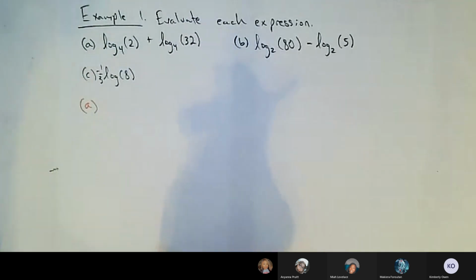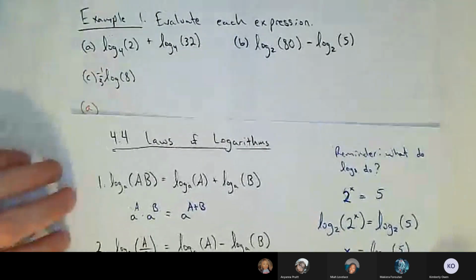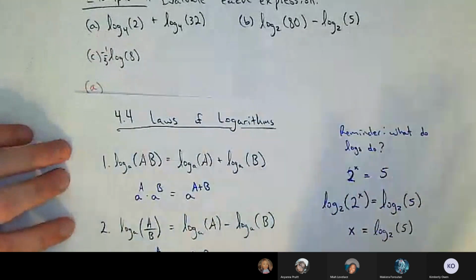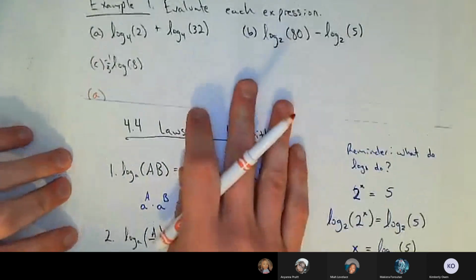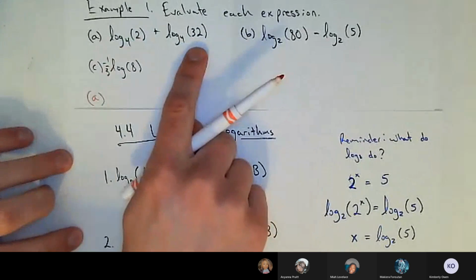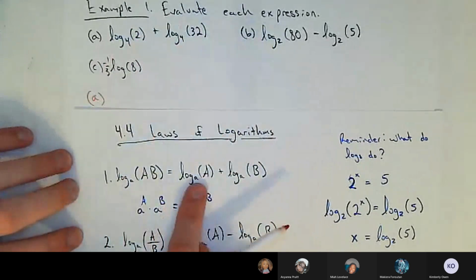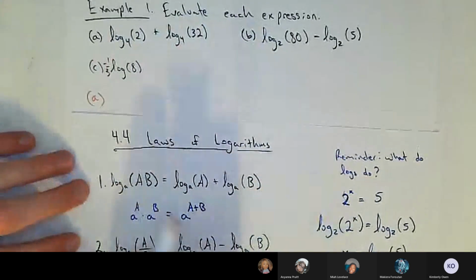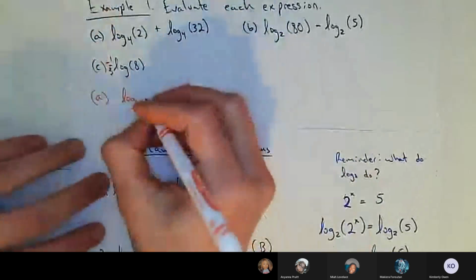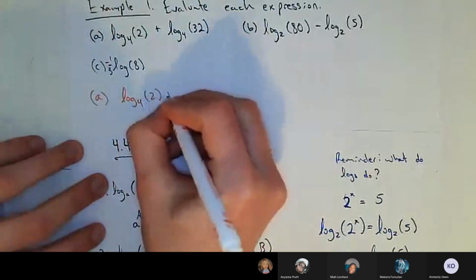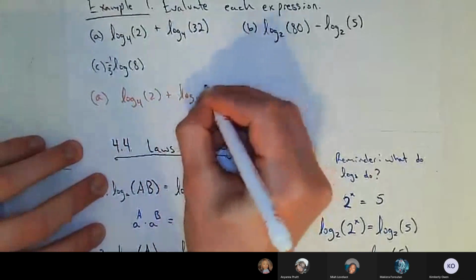So how do we combine them? Well, we're going to use log law 1, which says that if you have a sum, right, just like we do here, a sum of 2 logs with the same base, then you can stuff them together and say that it's the same as, so log base 4 of 2 plus log base 4 of 32.